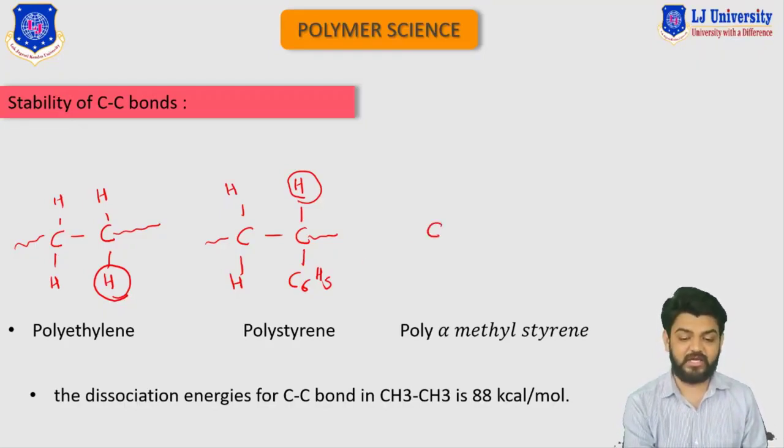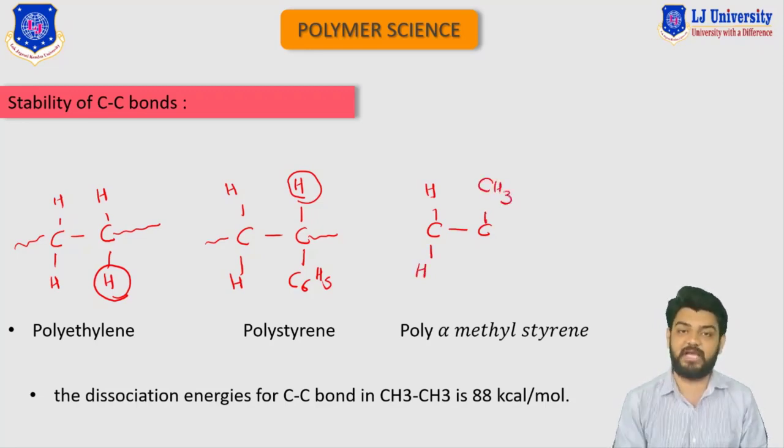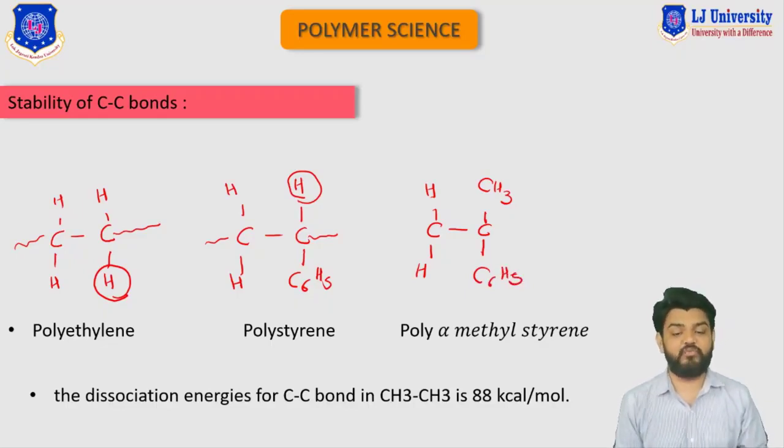You can see here we have two carbon atoms, we have one hydrogen here and one more hydrogen here. Now this hydrogen is replaced with this CH3 group or methyl group, and at the down side we have C6 and H5. So this is the structure of the polyalpha methyl styrene.